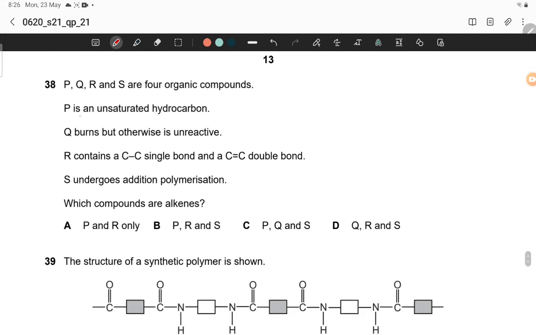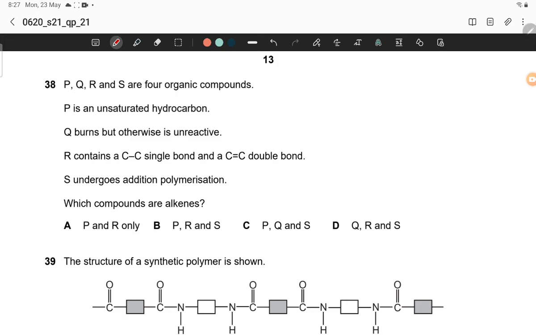P, Q, R and S are 4 organic compounds. P is an unsaturated hydrocarbon. Q burns but otherwise is unreactive. R contains a carbon to carbon single bond and a carbon to carbon double bond. S undergoes addition polymerization.